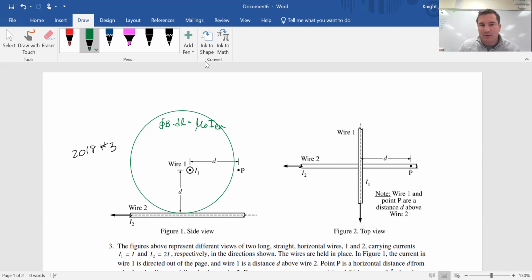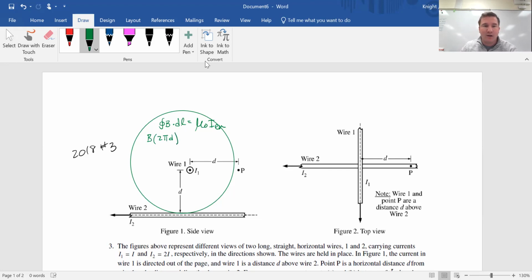The nice part about the little symmetry that we use here, right, we know that wires create magnetic fields that circle around them and vary with radius. So B is going to be constant because everything on this circle is the same radius. So the B kind of hops out here. And we get the integral of dl, which is just the length of this circle, 2 pi times d.